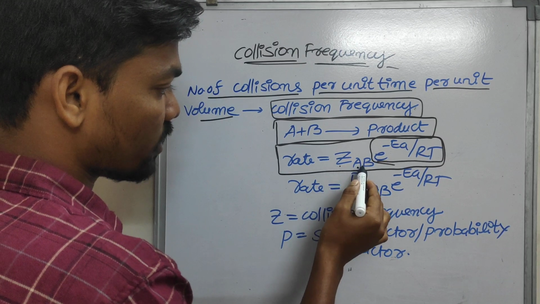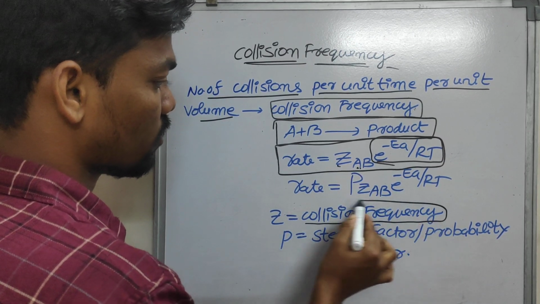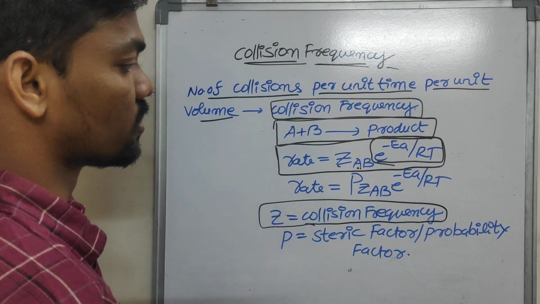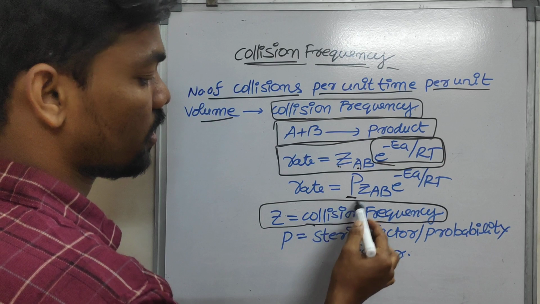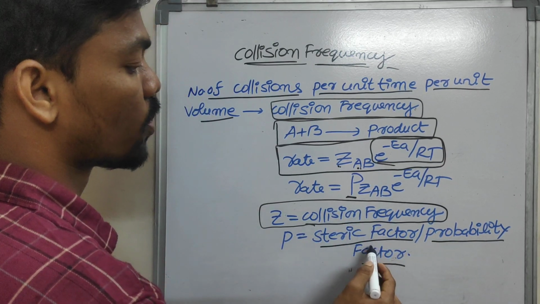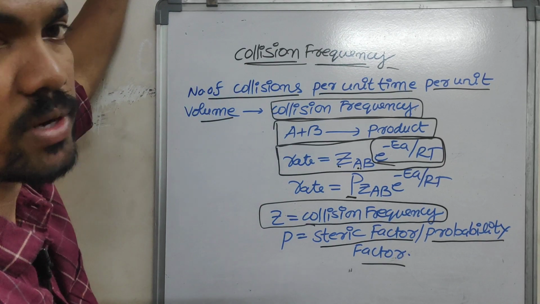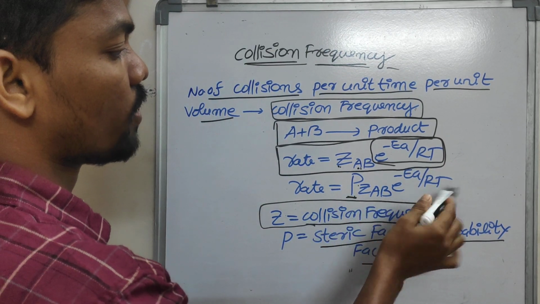Z is called collision frequency. After that, one more constant we will use, that is P, the steric factor or probability factor, whichever you take. So rate is P Z_AB e^(-Ea/RT).